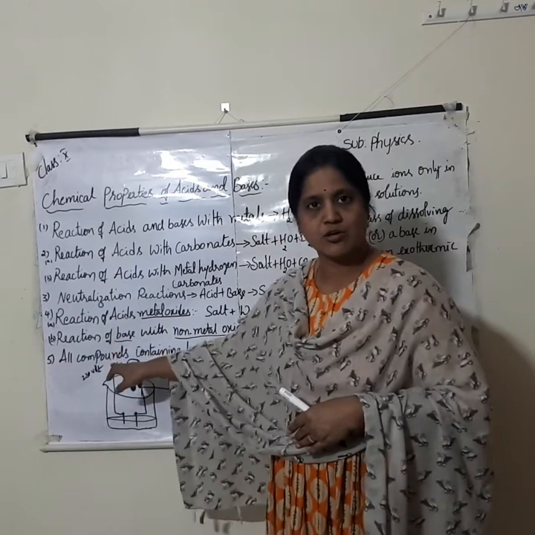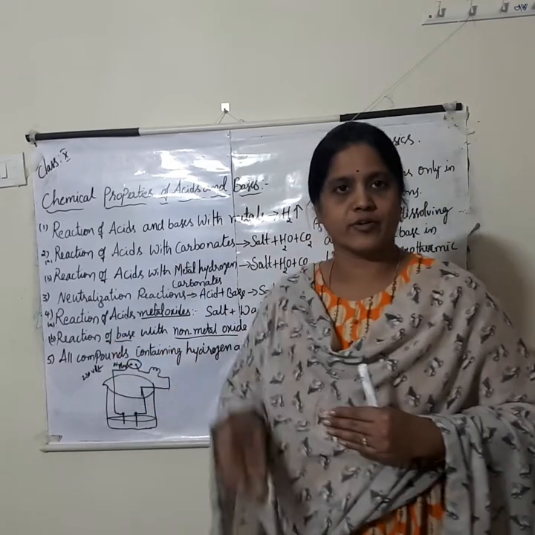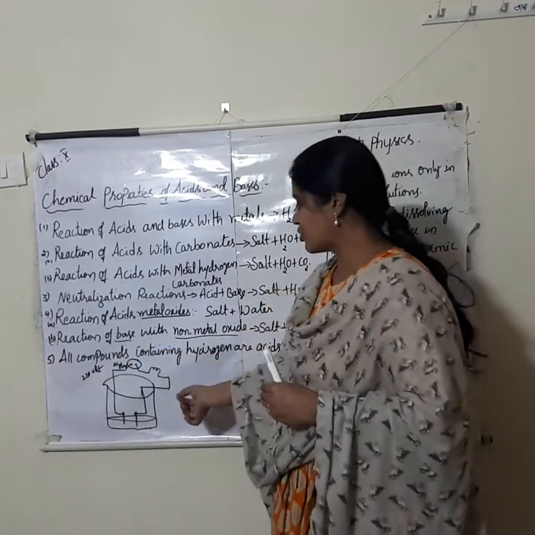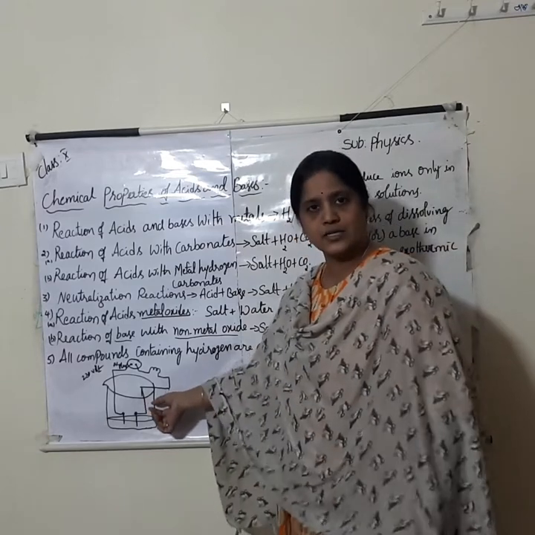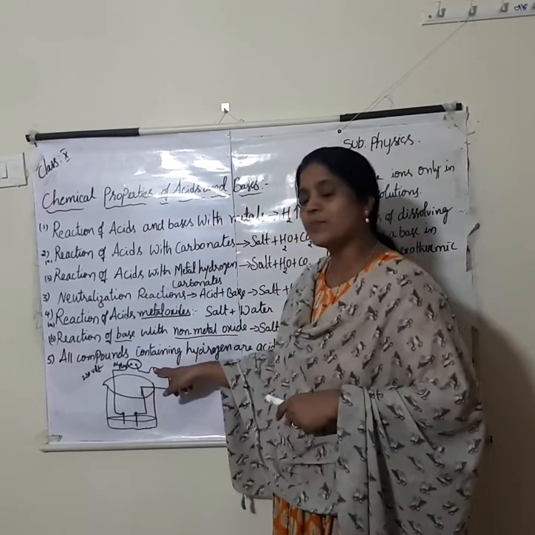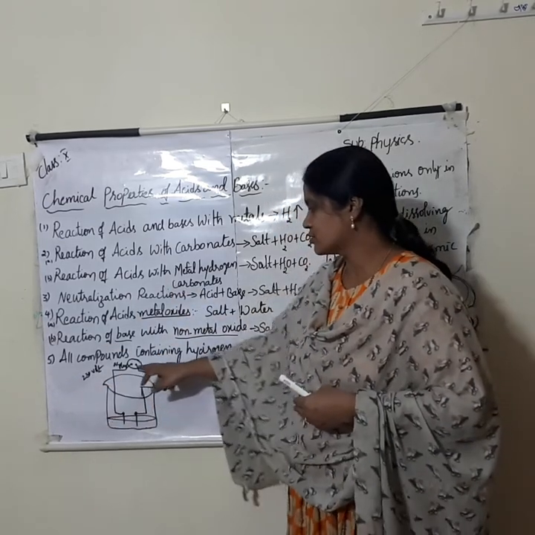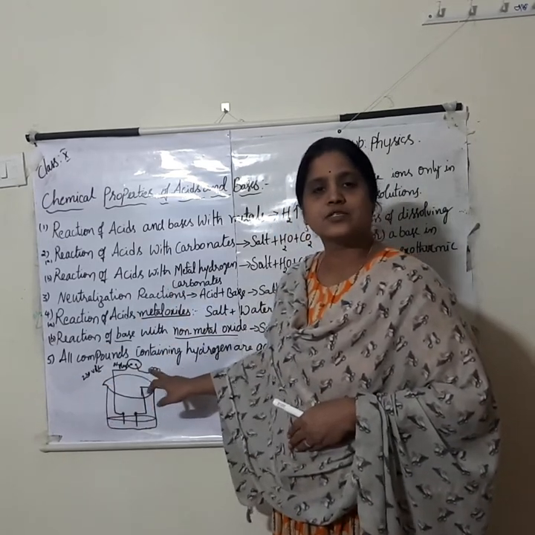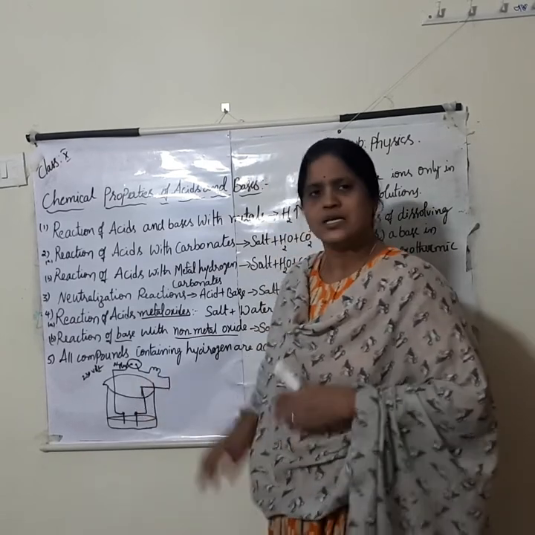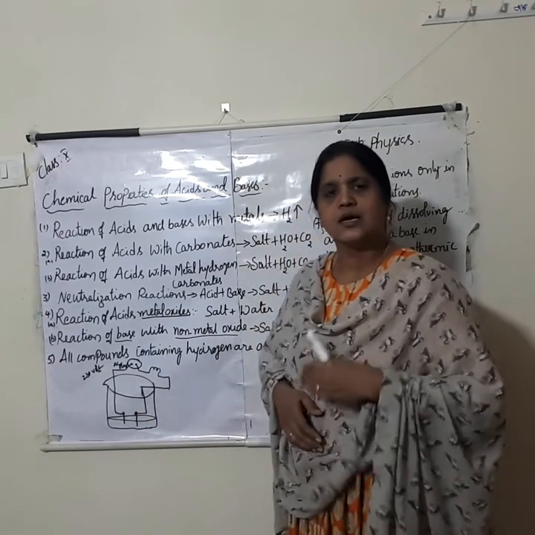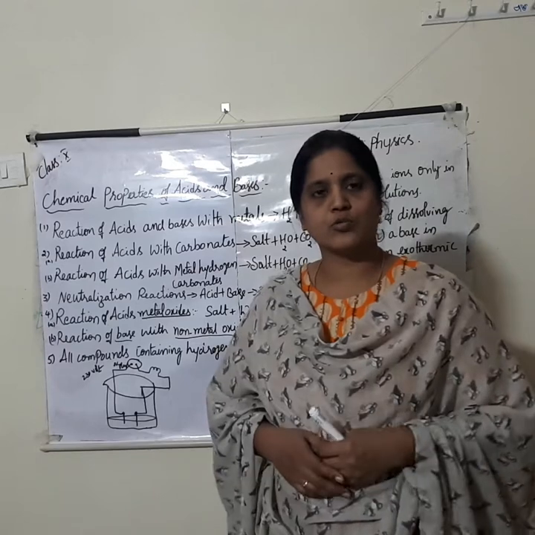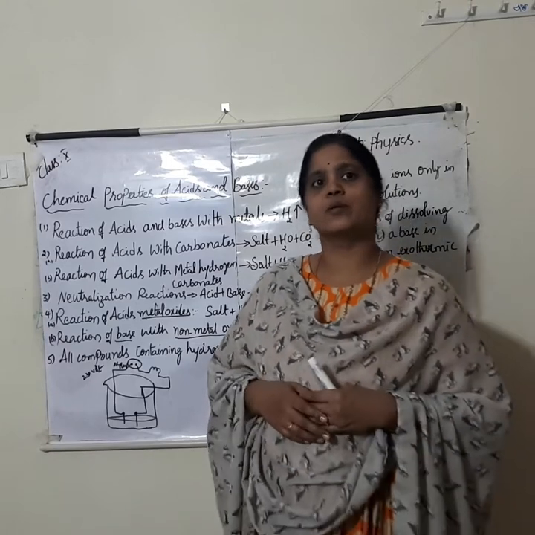When you switch on, each time you take a different solution. Suppose you take hydrochloric acid solution and observe whether the bulb is glowing or not. Next you take the sugar solution and switch on, and observe whether the bulb is glowing or not. In some solutions the bulb glows and in some the bulb is not glowing.